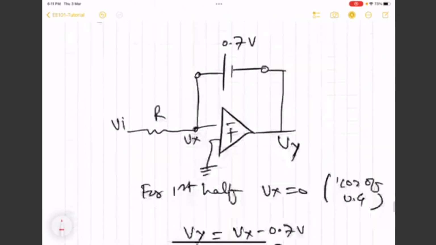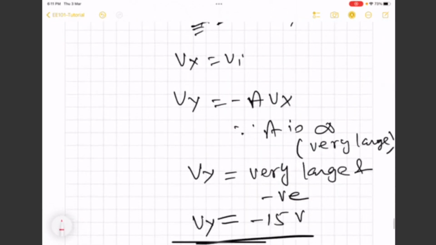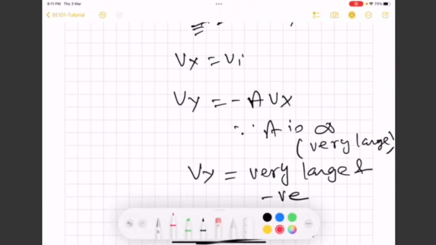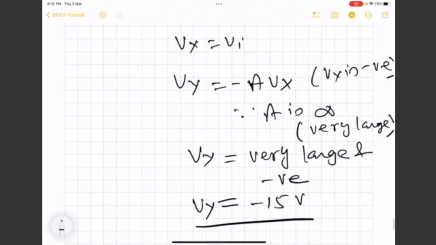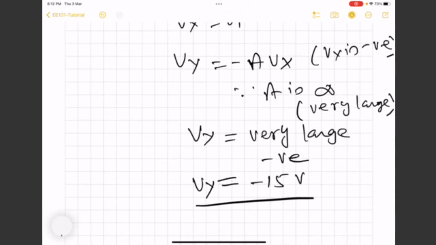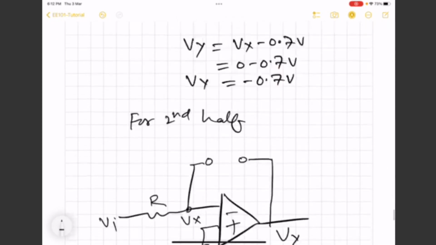No, sorry, Vx is negative, so this is going to be very large positive voltage. Here, Vx is negative, so this is going to be very large and positive. And the maximum positive voltage that you can get in real life is plus 15 volt.